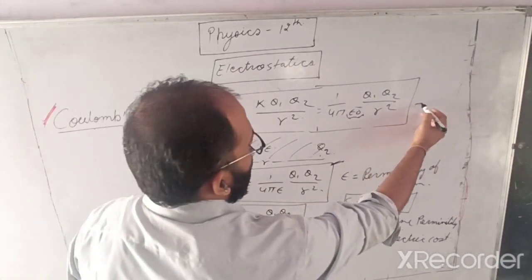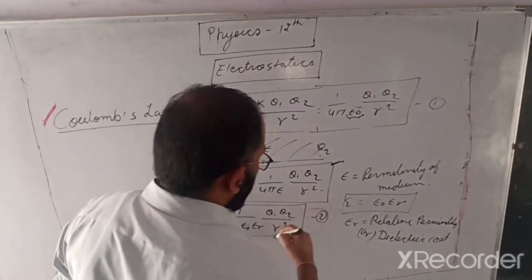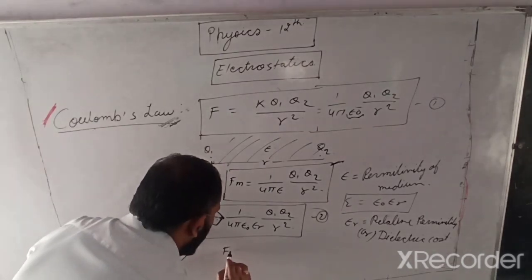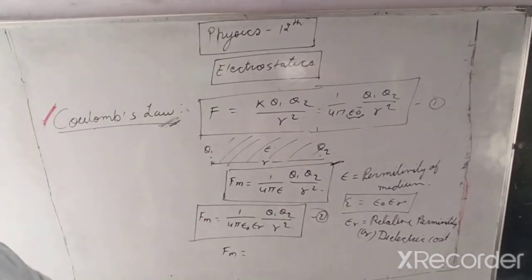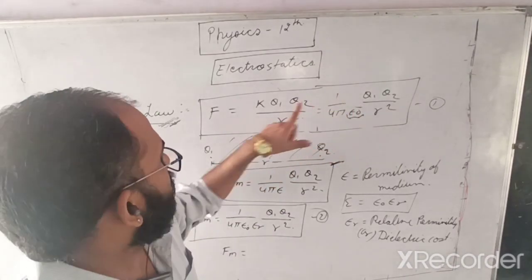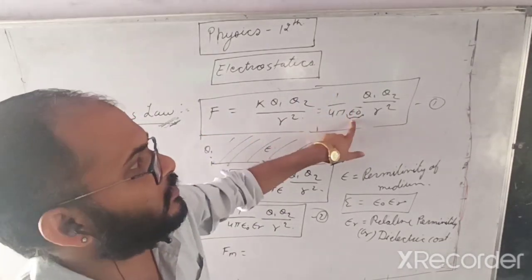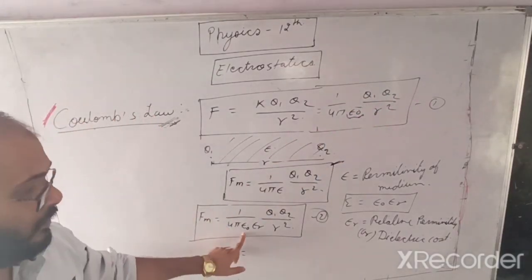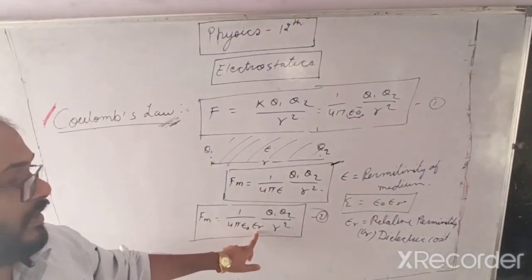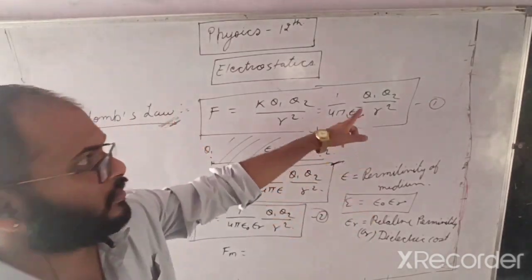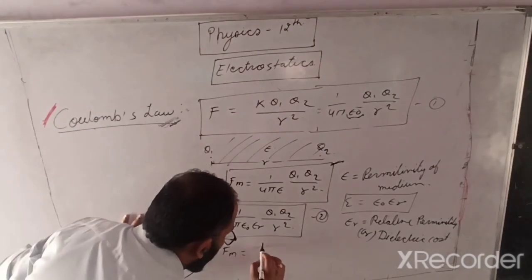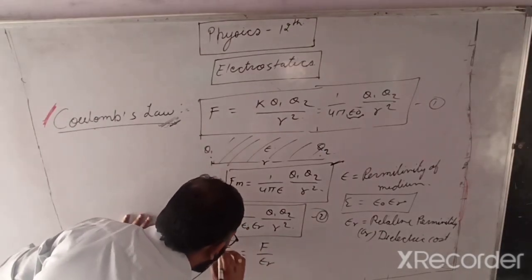Then from equations first and second, F will be equal to 1 upon 4 pi epsilon naught Q1 Q2 upon R square, and F_m will be equal to 1 upon 4 pi epsilon naught epsilon r Q1 Q2 upon R square. The epsilon r term is the difference from F, so you can say F_m will be equal to F upon epsilon r.